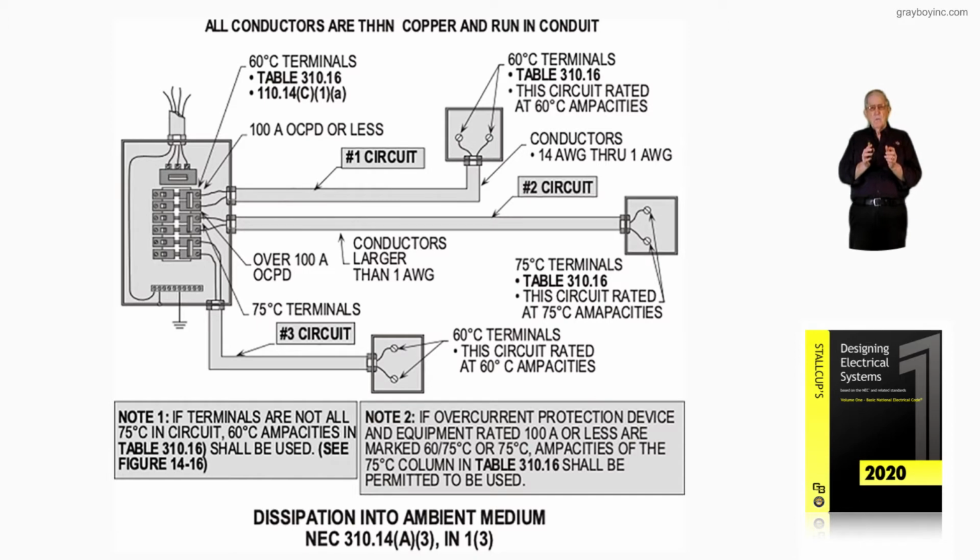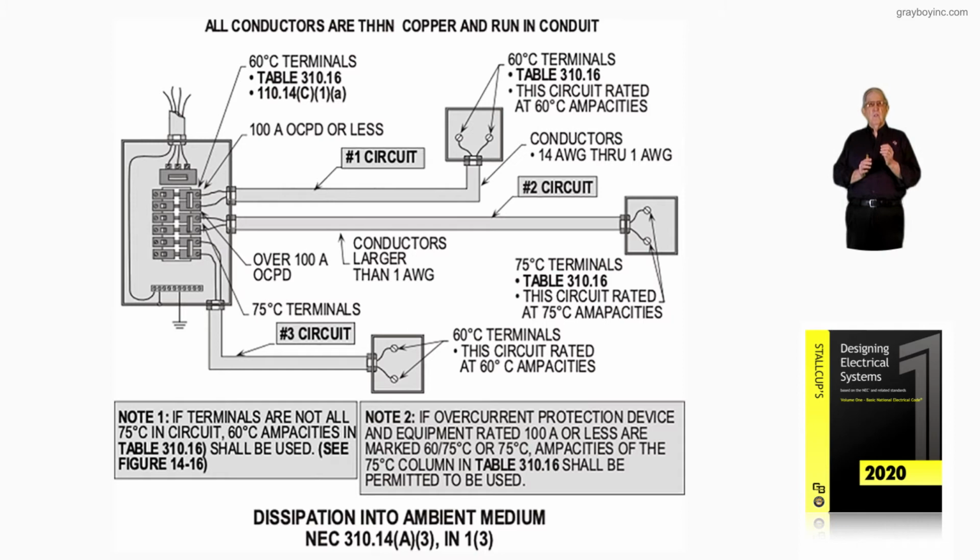But AC cable, most MC cable, non-metallic sheath cable, no, those cables are 60 degrees C if you follow through the code in 334.80 for non-metallic sheath cable, 320.80 for AC cable, etc. We can pick up those rules.